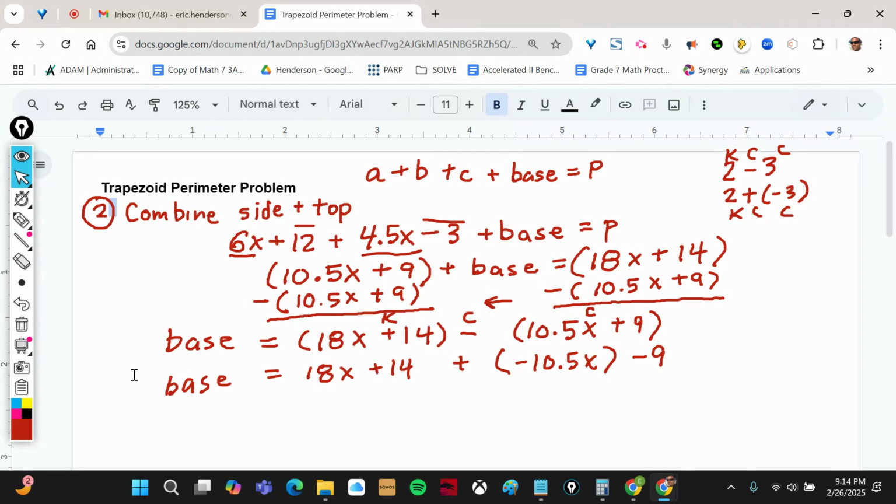All right, most of the hard work is really done. I know it looks crazy, it looks very complicated, but it's really not that bad, in my opinion. Because now all you're doing is combining the like terms. So we have an x term and an x term, and then we have a constant and a constant.